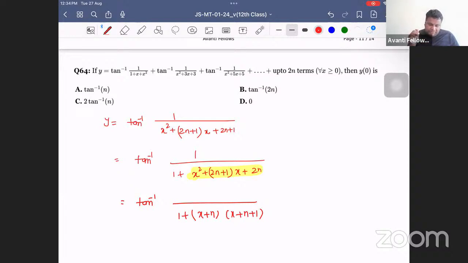So 1 plus ab means 1, 3, 5. I separated 1, and 2n. So factors of 2n, which when added give 2n plus 1. So that will be 2n and 1. Four and 1.